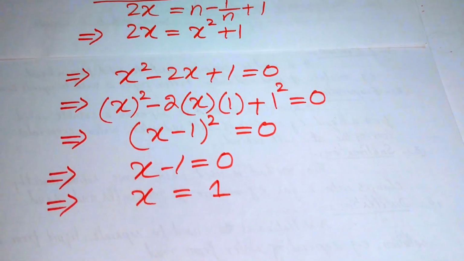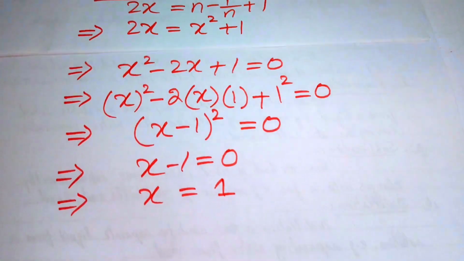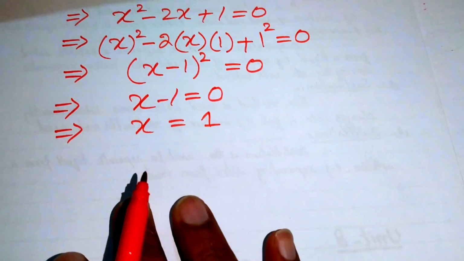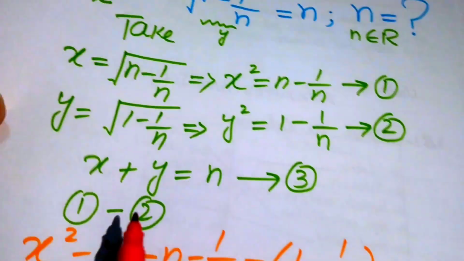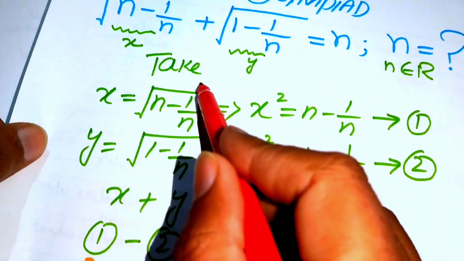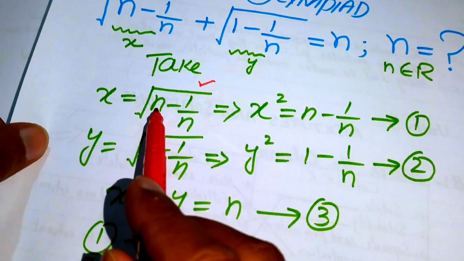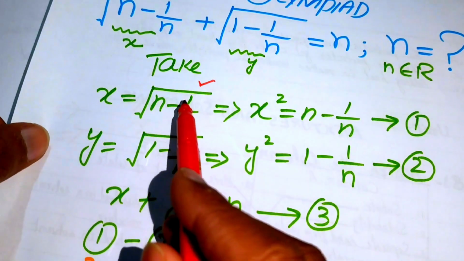So this is the value of x, but our target is to find the value of n, so now we back substitute the value of x. You see that at the start of the problem we have x equals the square root of (n-1)/n.